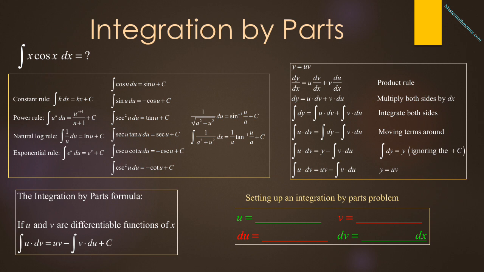From there, we will take a derivative to get du and an integral to get v. We will then apply the formula which will trade one integral for another. Let's see how that works on the next page.